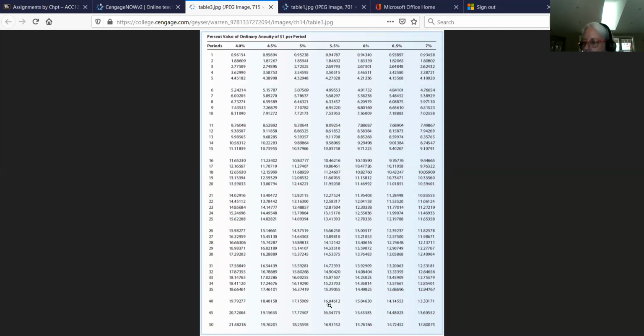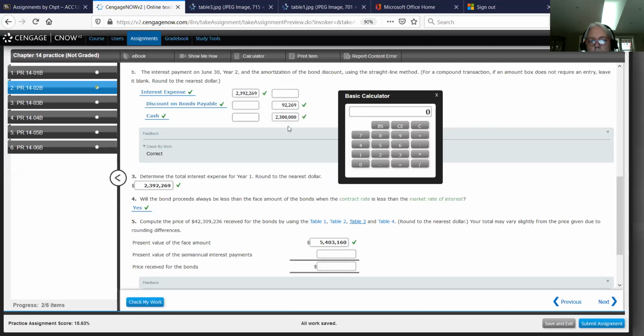That's going to be multiplied by the interest payment, and that will give us the present value of our interest payments. So the interest payment was $2,300,000.